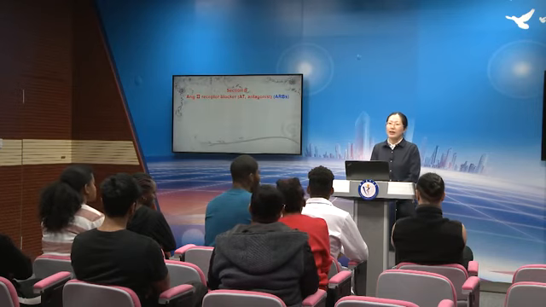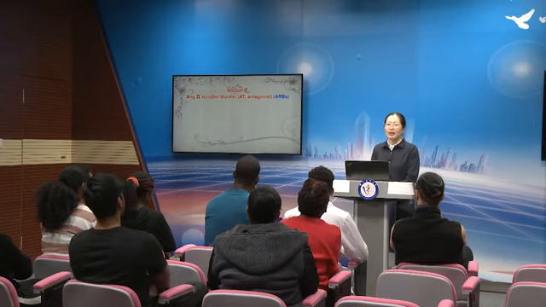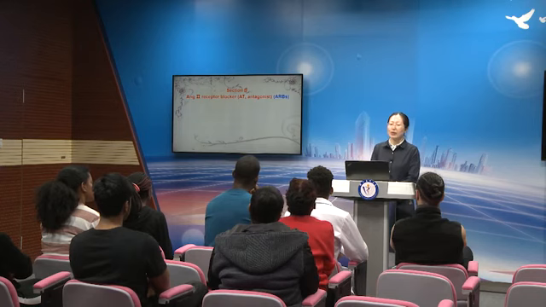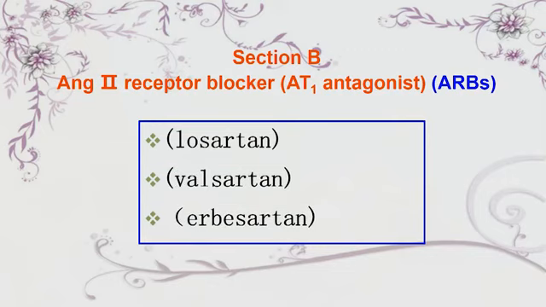In this part, except ACEI, in clinic these years we also use ARB, angiotensin II receptor blockers, such as losartan, valsartan, and irbesartan. These drugs are angiotensin II receptor blockers. For example, losartan.